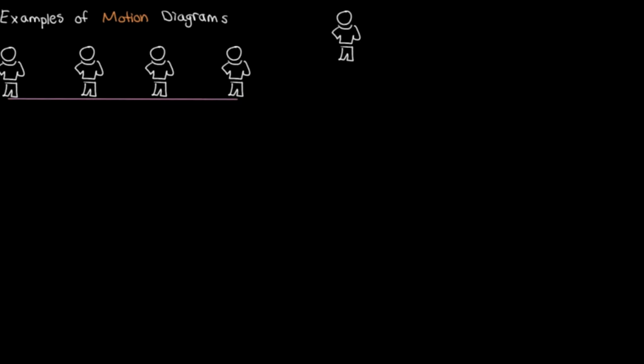Let's say, maybe I didn't draw it that way, but the distance between this frame and this frame is the same as the distance between this frame and this frame. So each of these persons I've drawn on the motion diagram has an equal distance between them, right? So that's important to know. This distance is the same. Each of these arrows' length is the same distance.